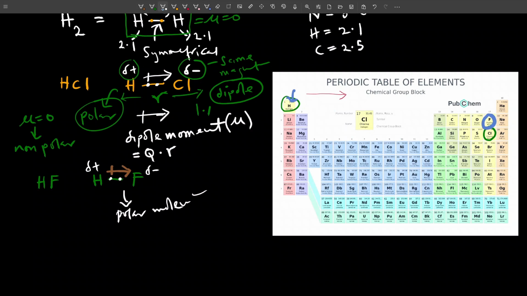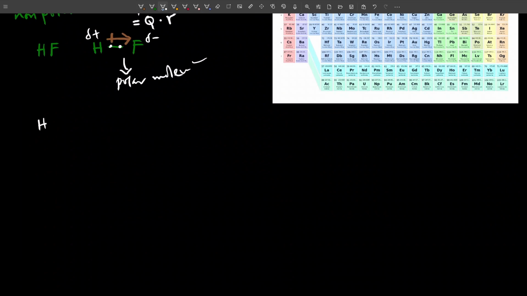Let's look at H2O, water. Let's see whether water is polar or non-polar. If you draw the water molecule, something like this, it has a bent geometry. Look at the bond between oxygen and hydrogen; there are two electrons here. Oxygen is more electronegative than hydrogen.